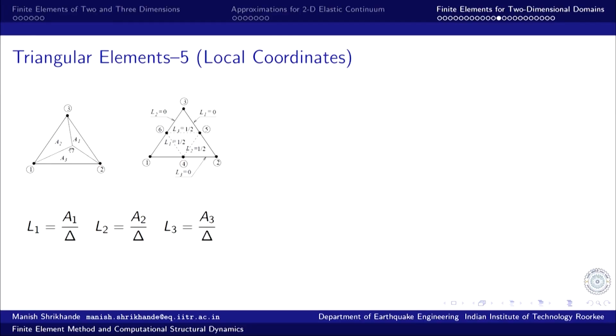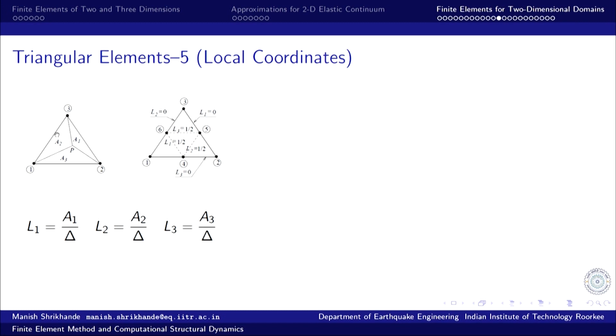So, this point P, let us say in the interior of the element, any point P with coordinates x and y, I can always define by the way it divides this triangle into 3 different areas, is not it. A1 is the area covered by this point P and the 2 vertices other than node 1.